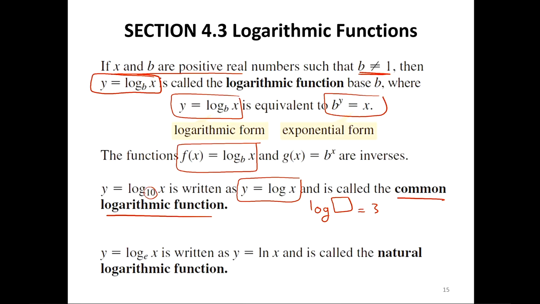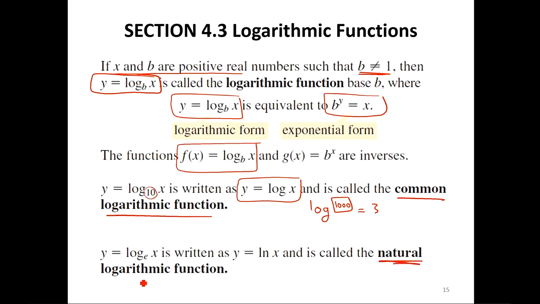Not multiply, Ruba, not multiply. This is power, so we have 10. But if we have base 10, we can remove the 10. No need to write the 10. We know this is a common logarithm. 10 to the power 3, we have 1000.